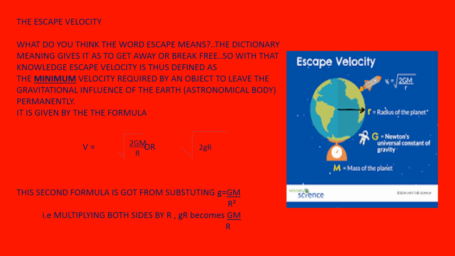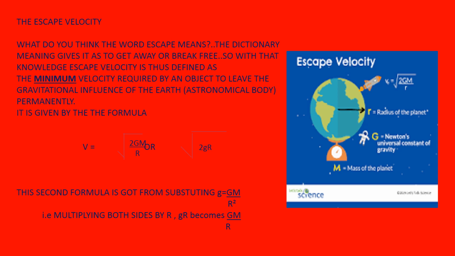So if you can have the idea of what escape means, then that will not be difficult to define what escape velocity means. So escape velocity is that minimum velocity required by an object to leave the gravitational influence of the Earth permanently.